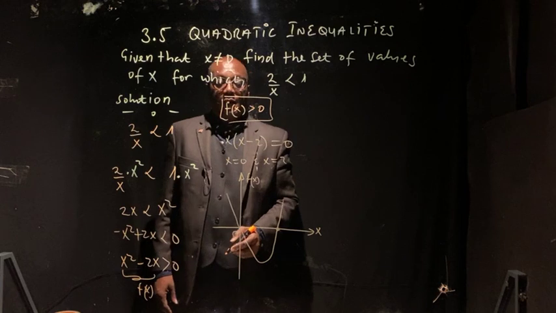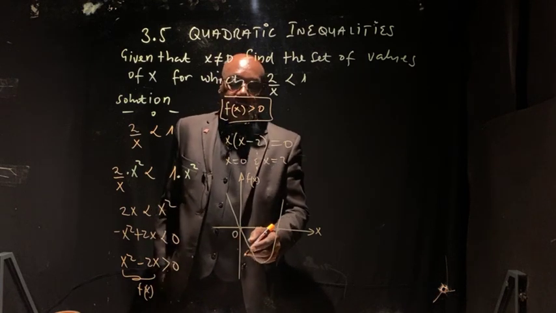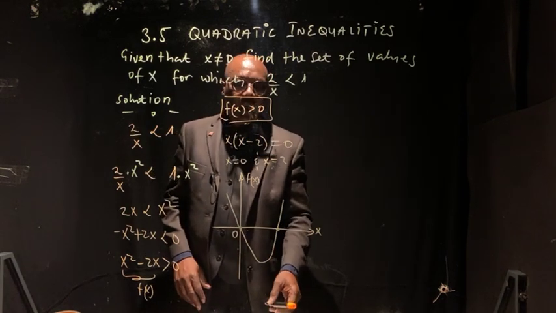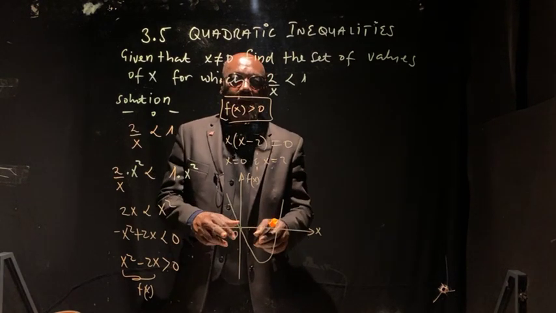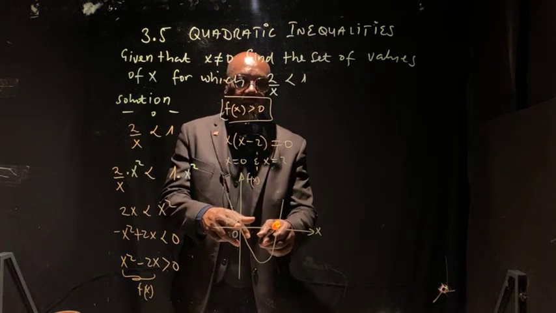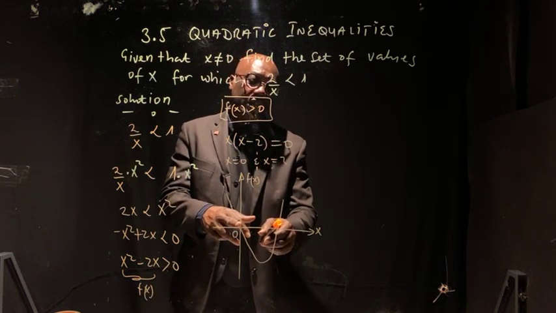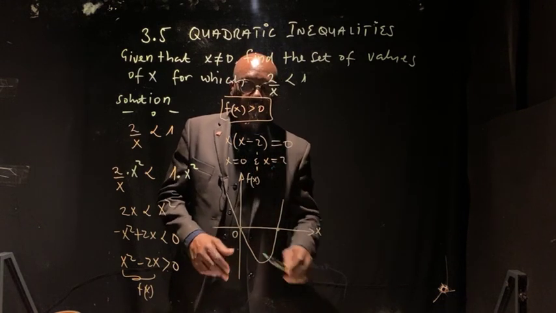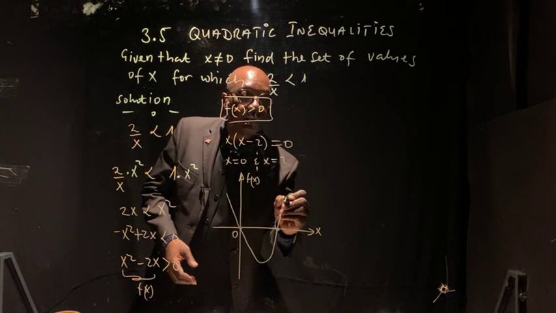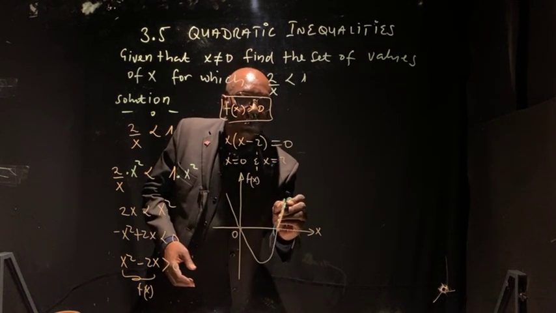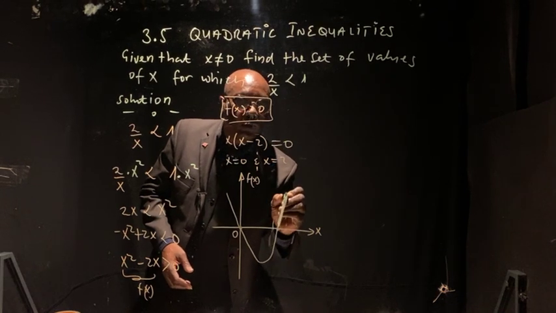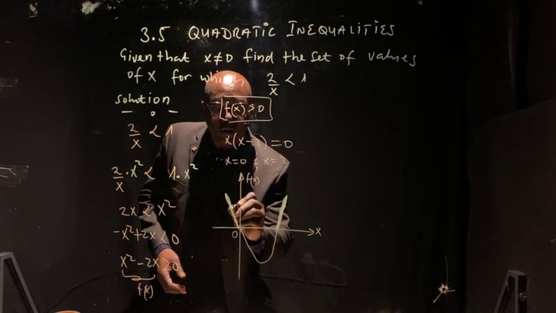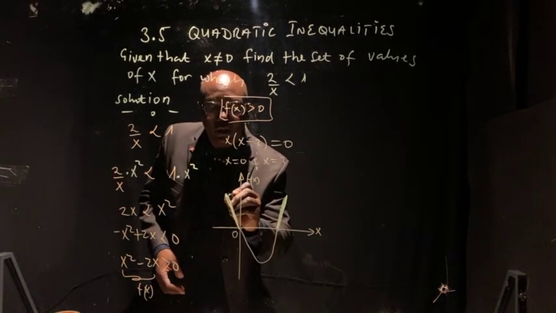Very good. Because f of x is greater than 0, we will pick up those values of x that are above the x-axis. The curve is going this way, and we are considering this part because f of x is greater than 0, this portion, this portion.